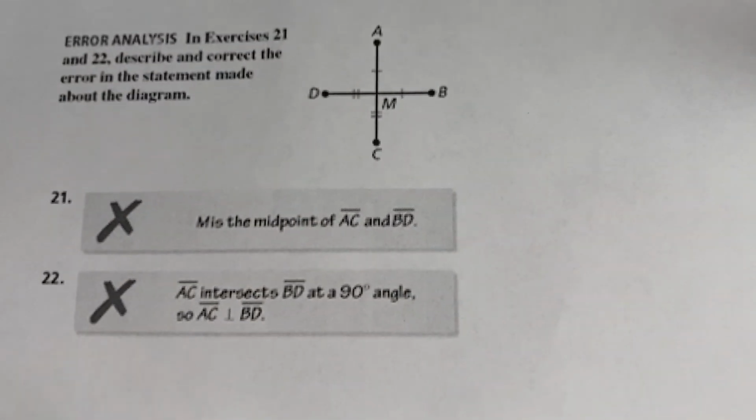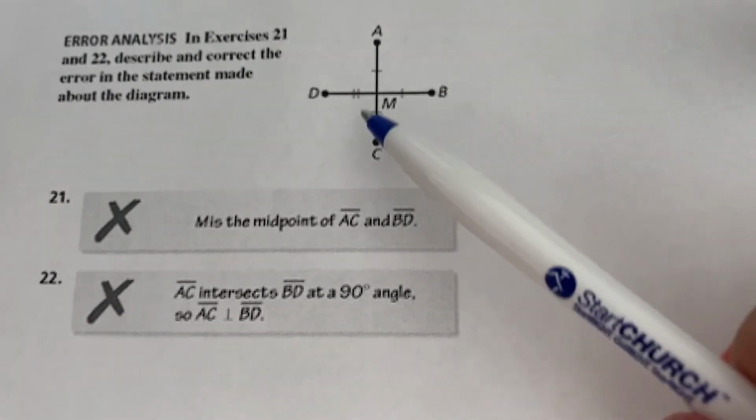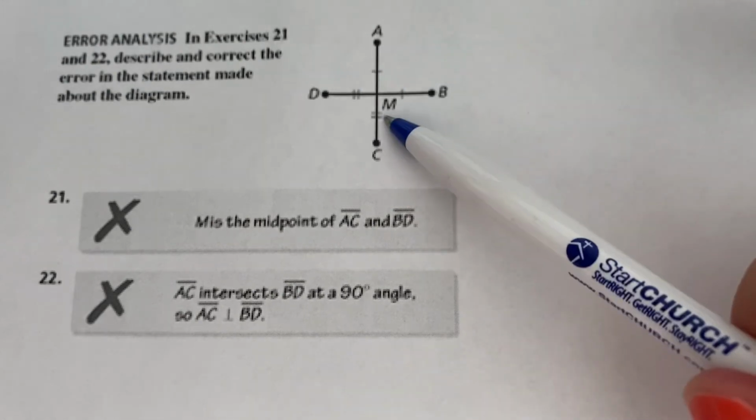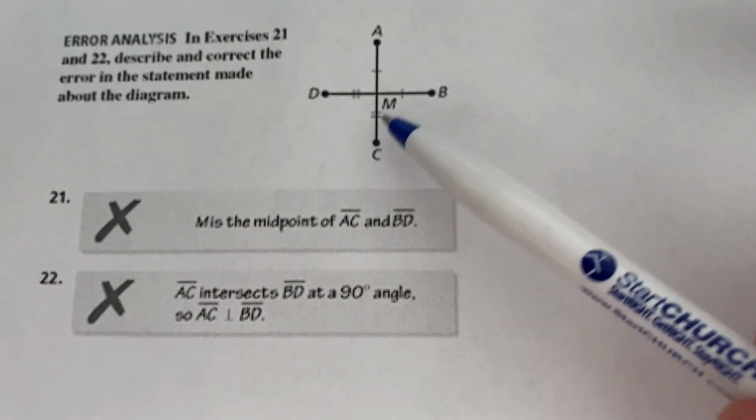All right, and the last one is error analysis. It says in exercises 21 and 22, describe and correct the error in the statement made about the diagram. M is the midpoint of AC and BD.